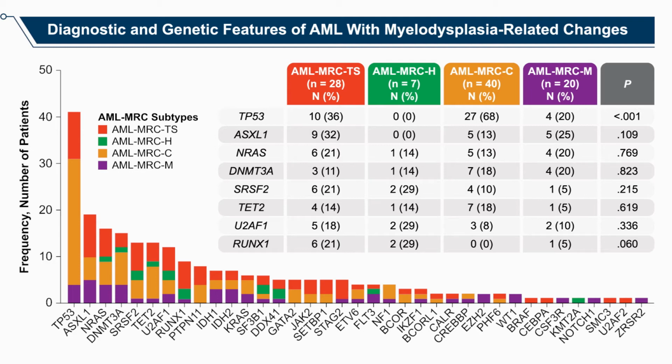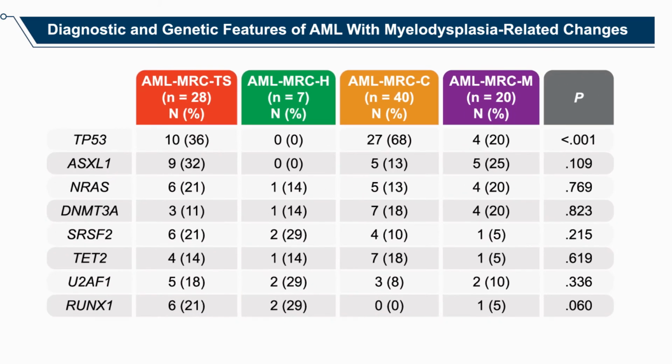AML-MRC diagnosed based on cytogenetic abnormalities, indicated with a C here. AML-MRC diagnosed based on morphologic dysplasia, indicated by an M here. And then AML with myelodysplasia-related changes in the setting of previous therapy with cytotoxic agents. And as you can see, these are the frequencies of mutations in these various categories.